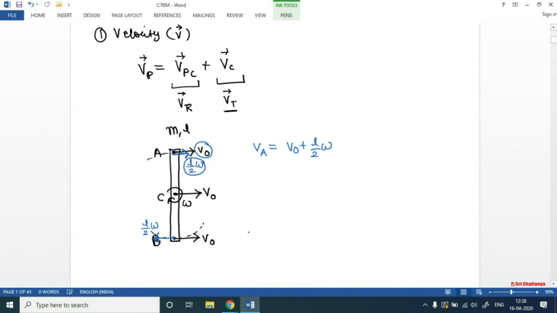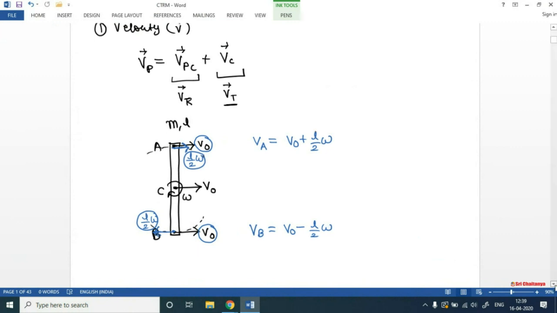And similarly for point B, vb will be the vector sum of velocity due to translation plus velocity due to rotation, and here they are in opposite directions, so we will be able to write v naught minus L by 2 omega. So we have just got the velocity of the endpoints, but using a similar method you can get the velocity of any point on this rod.